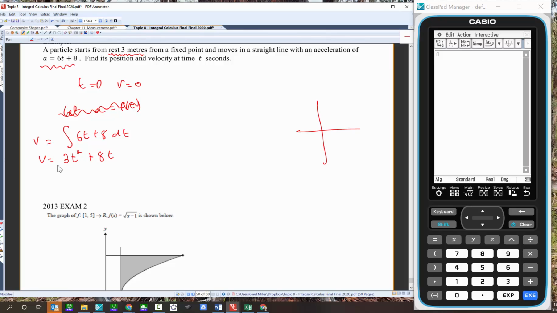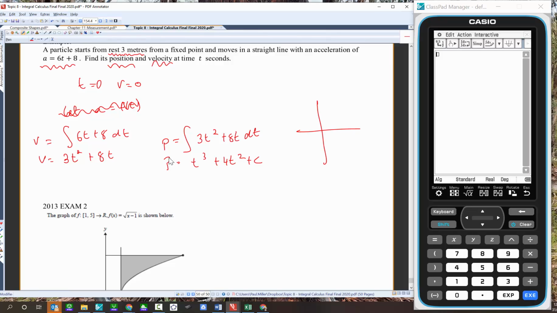Okay, so then what we would do is note that we want its position function. So that's its velocity function. We want to now get its position function. So to get its position function, what we're going to say is, let's call it P, position function, is equal to, or displacement function, D if you want, the integral of 3t squared plus 8t dt is equal to t to the 3 plus 4t squared plus c.